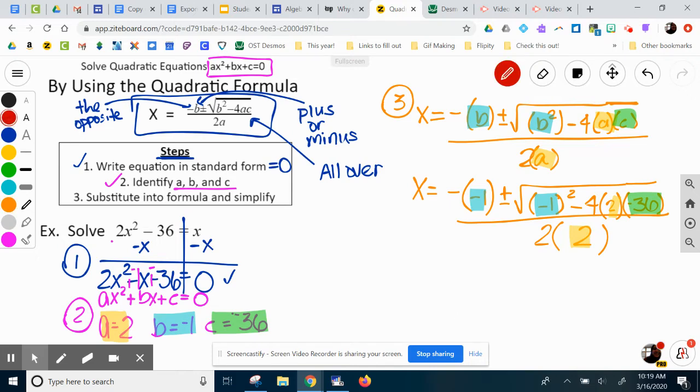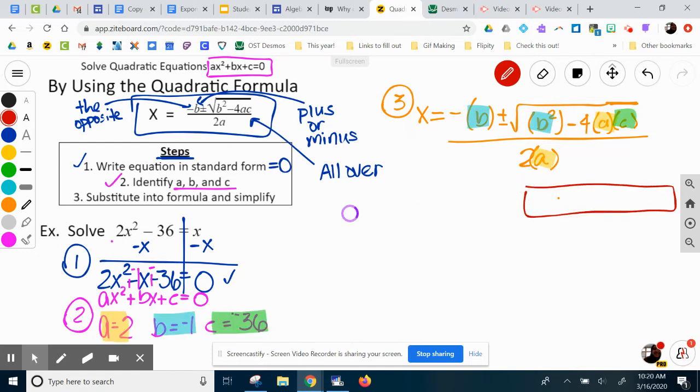So the first piece I'm going to simplify is the front here. The opposite of negative 1. And the opposite of negative 1 I get is positive 1. Okay. I'm going to keep my plus or minus. I'm going to keep my square root, right? But I am going to put all of this stuff that's under the square root into my calculator.